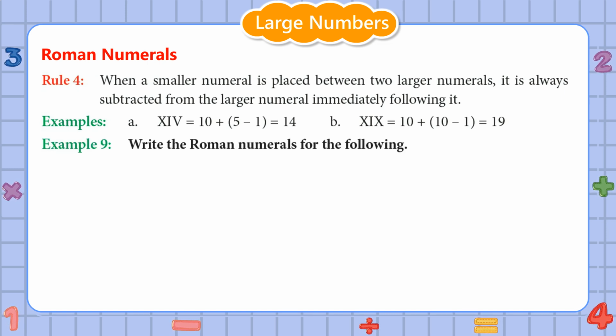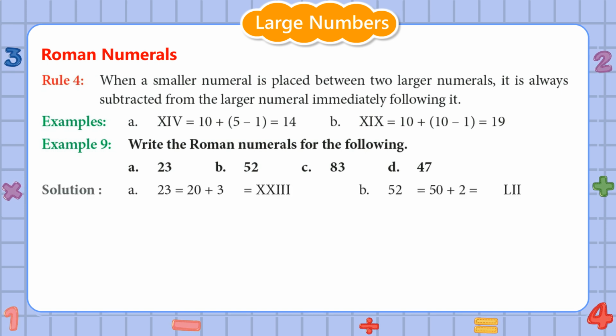Example 9. Write the Roman numerals for the following: A. 23, B. 52, C. 83, D. 47. Solution: A. 23 is equal to 20 plus 3 is equal to XXIII.